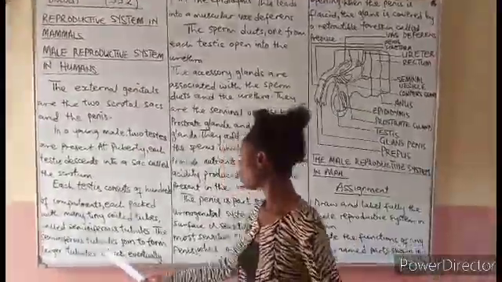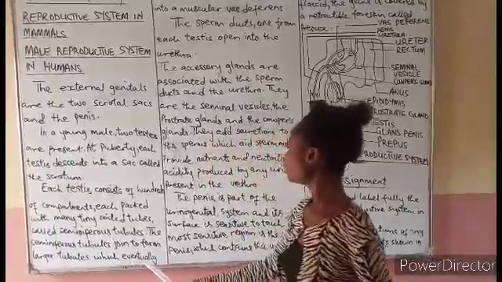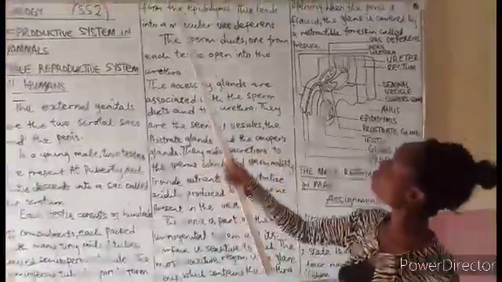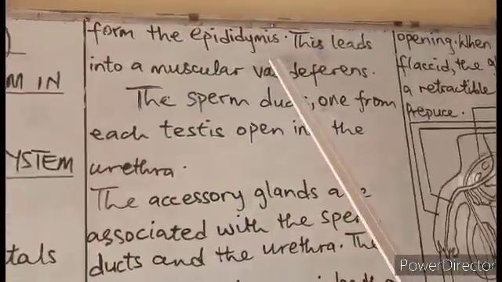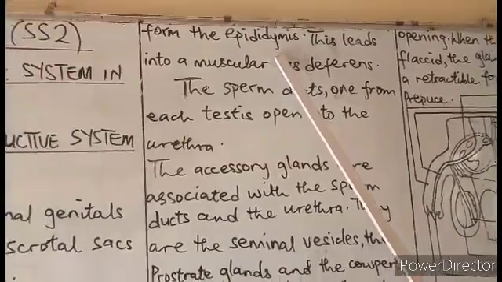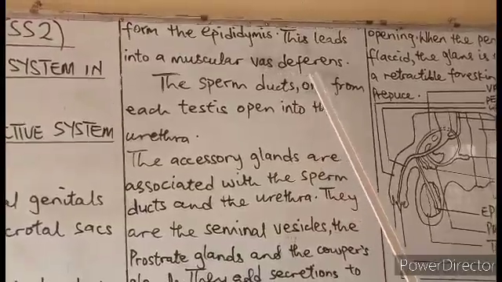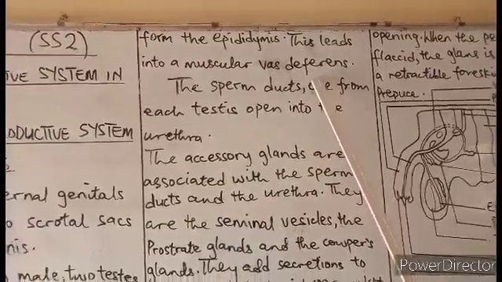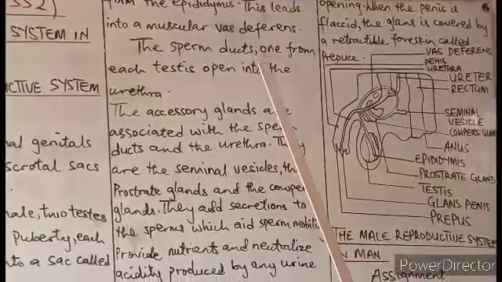The seminiferous tubules join to form larger tubules which eventually form the epididymis. This epididymis stores the sperms. This leads into a muscular vas deferens, or you can call this vas deferens the sperm duct.